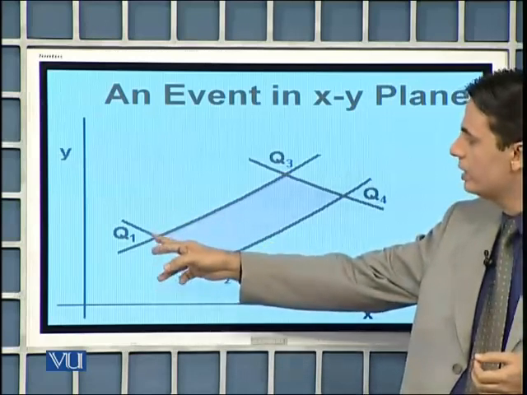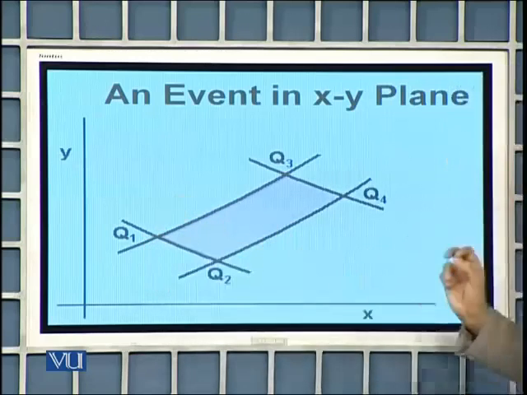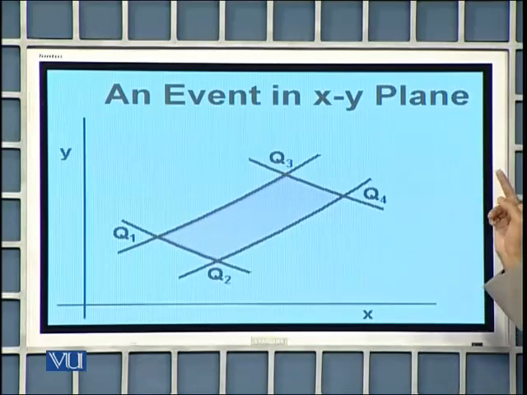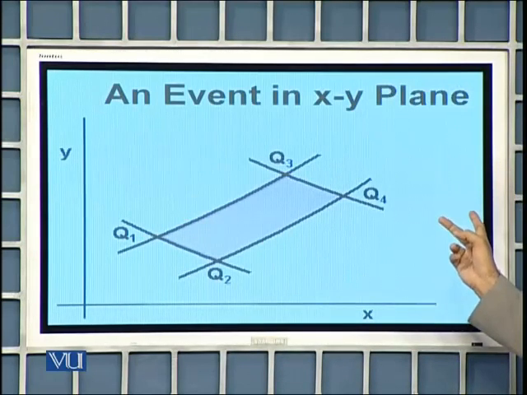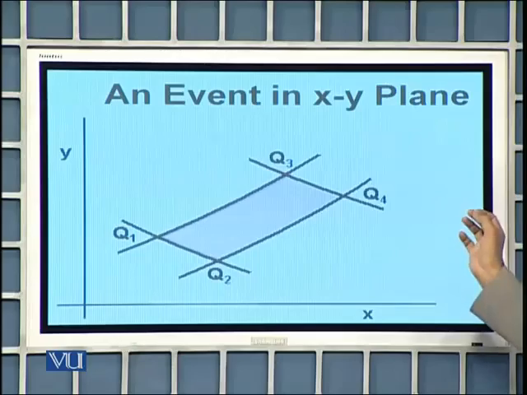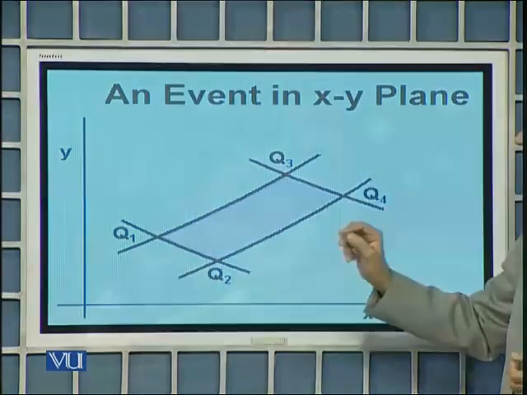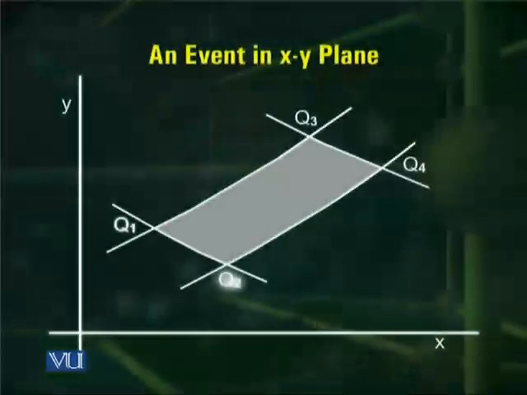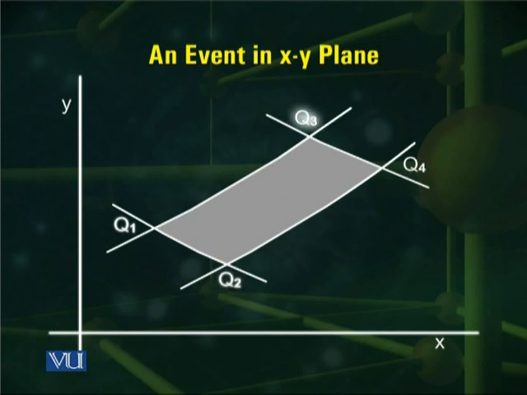Similarly, the y coordinate of this point Q1 is obtained by using the coordinates of point P1, u comma v, and the reverse mapping function psi. Similarly, this point Q2 on xy plane is the reverse map of point P2. Point Q3 is the reverse map of point P3 and point Q4 is the reverse map of point P4.